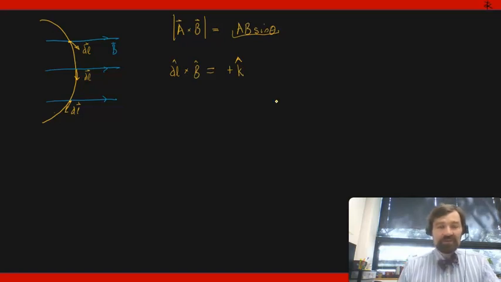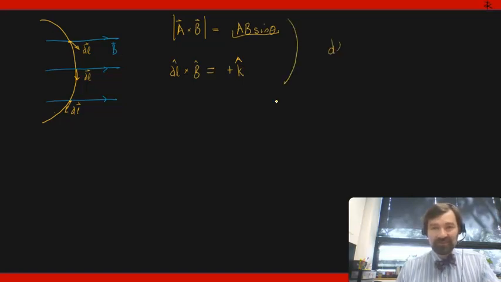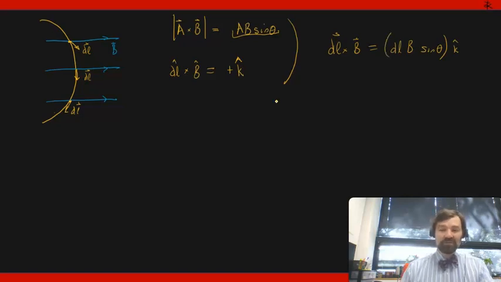And so basically, collectively what this is telling me is that dL cross B should look like dL times B times sine of whatever angle is between them times the k hat direction. Okay, so I don't have to worry about the direction being different at each point in this wire.